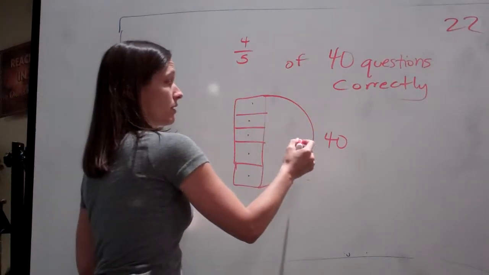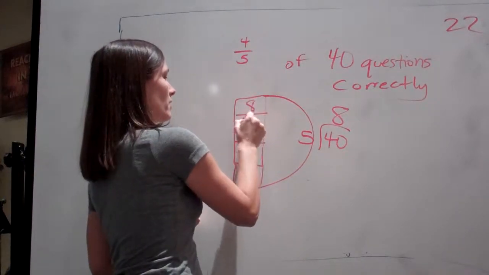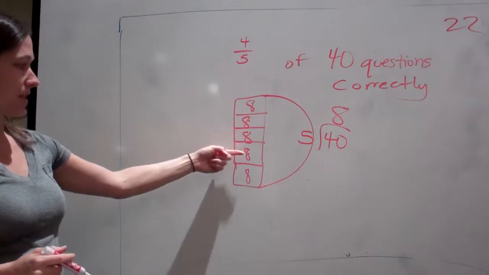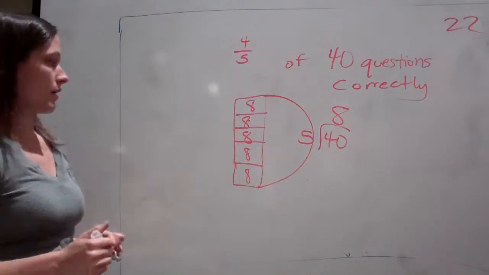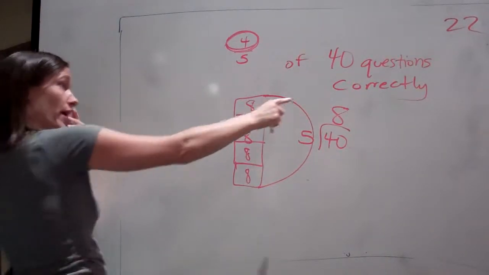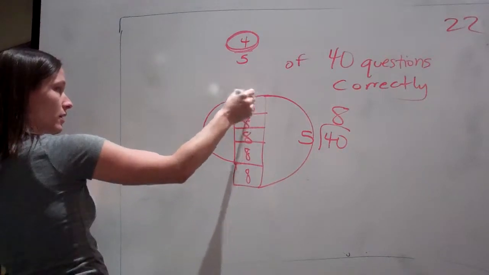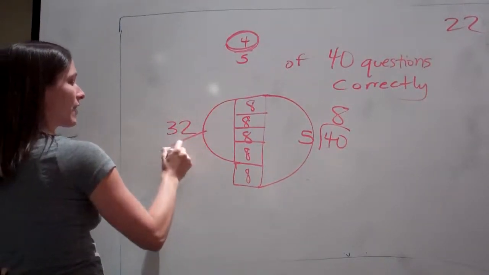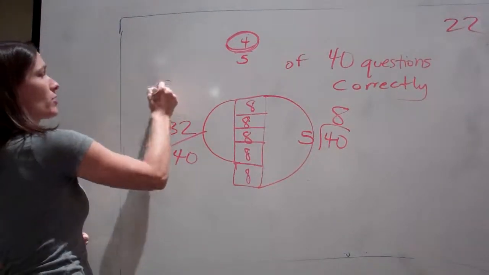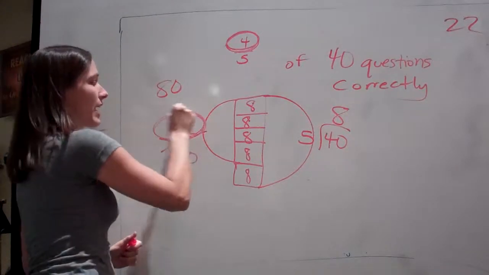Why? We divided it by 5, very good. So as you can see, 8 plus 8 plus 8 plus 8 plus 8 equals our 40. But we only want to know what she answered correctly, and she answered 4 out of 5 correctly. So 8, 16, 24, 32. So she got a score of 32 out of 40, which equals an 80% because it showed 80%. So 32 would be our answer on that one.